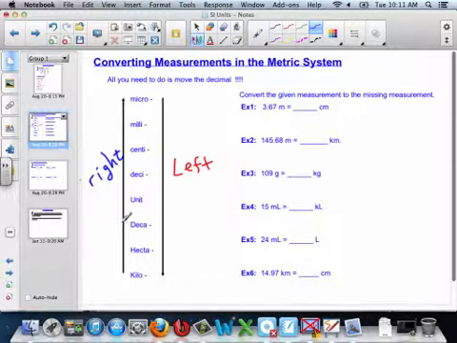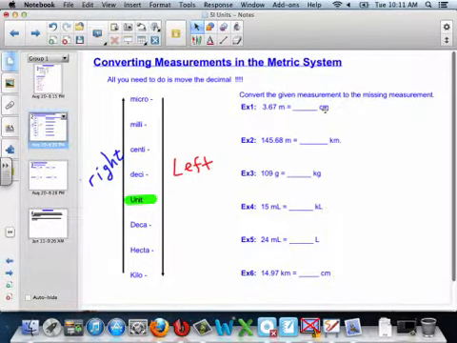Okay, I'm going to do number 1 with you, and you guys will do the rest. We're starting with number 1, 3.67 meters. What value do we need to go to? Centimeters. So where are we starting? At the unit. Now where do we have to go? Centimeters. So I have to go from the unit to the centimeter.